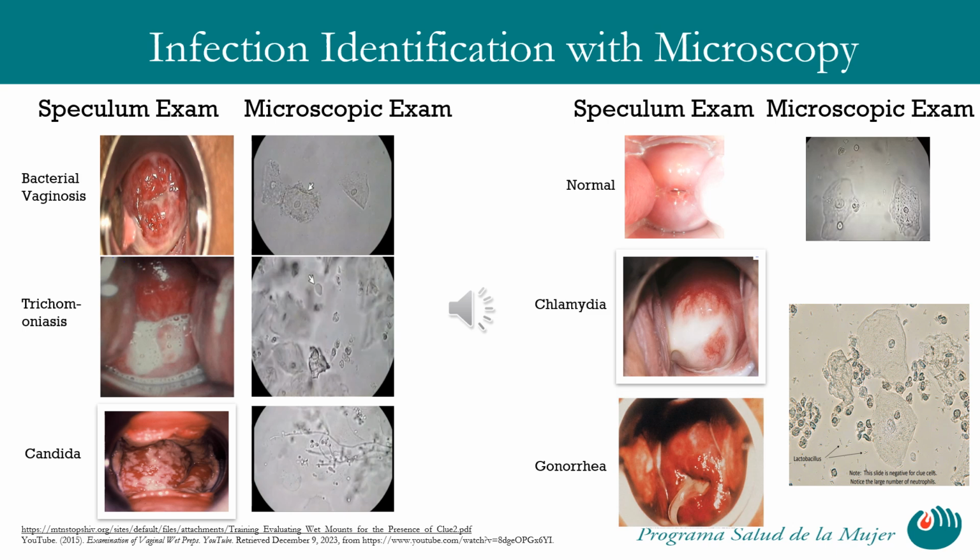In well-resourced settings, chlamydia and gonorrhea are not typically diagnosed via microscopy. However, in low-resource settings, microscopy can provide signs such as an abundance of white cells indicating infection and the absence of clue cells or yeast cells.